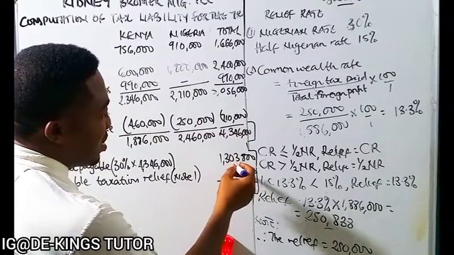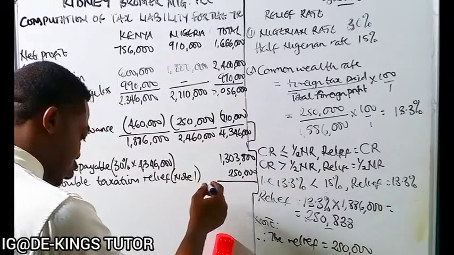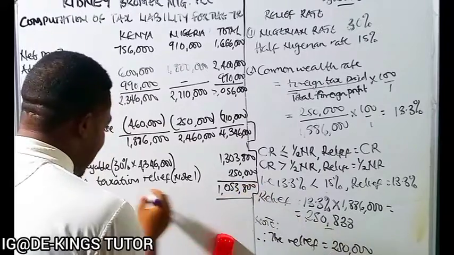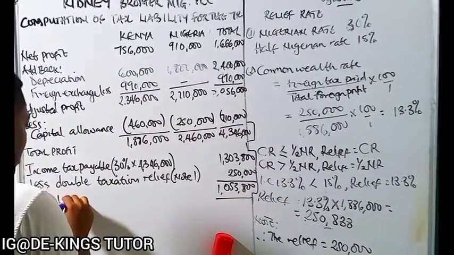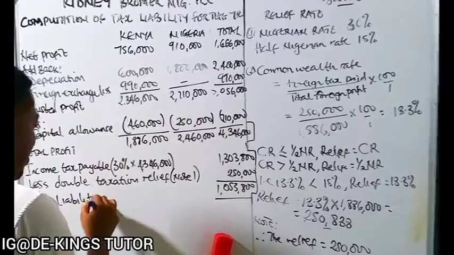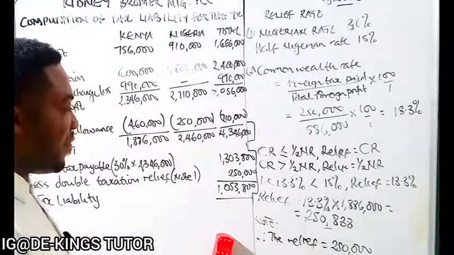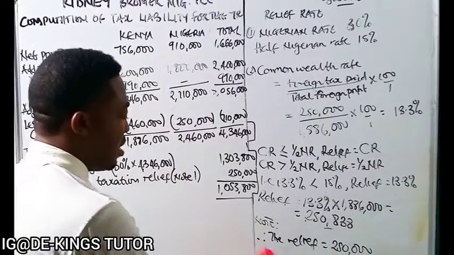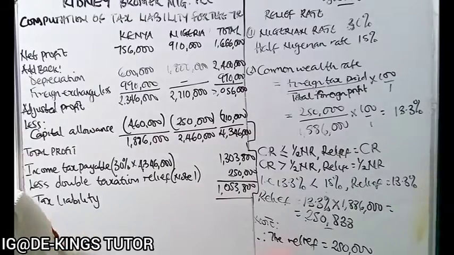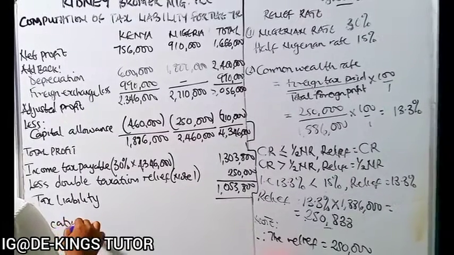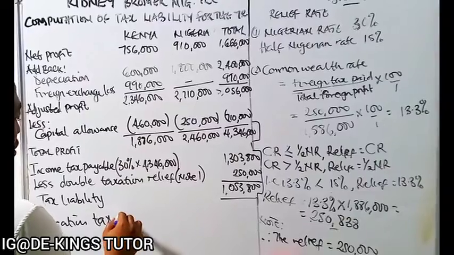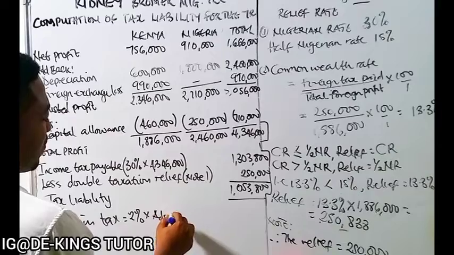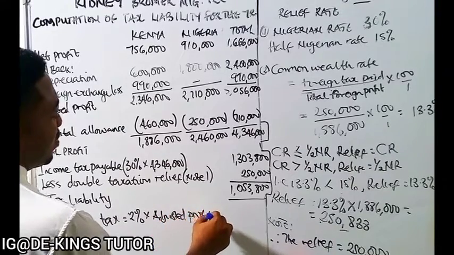So it will now be 1,303,800 minus 250,000. Now this will give us 1,053,800. Now this is the tax liability. And in some questions, we can also get the education tax, which is 2% of the adjusted profit.